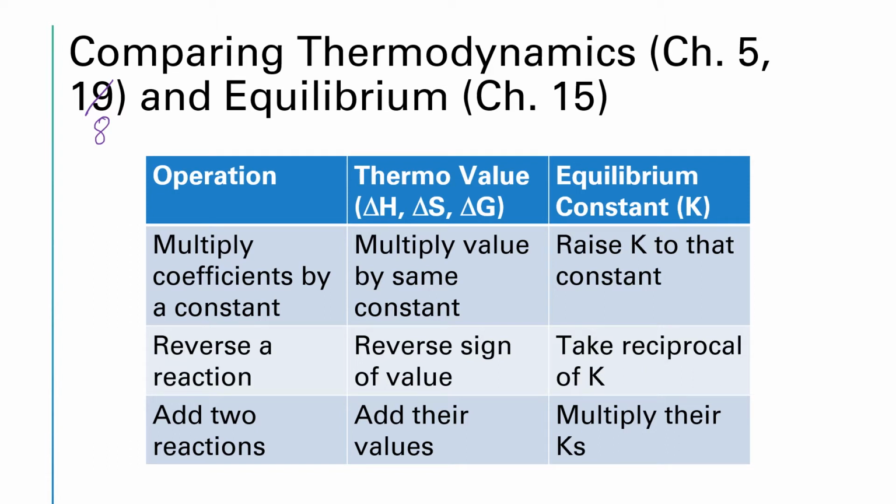But for an equilibrium constant, we would raise K to the power of that constant. In thermo, if we reverse a reaction, we change the sign of the thermo value, but in equilibrium, we take the reciprocal of K. And in doing things like Hess's law type problems, if we add two reactions, we add their thermo values, their delta H's or delta G's or delta S's. But if we're talking equilibrium constants, we would multiply the equilibrium constants.